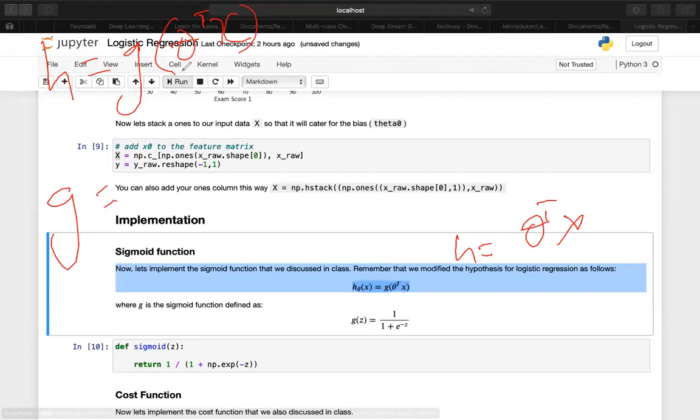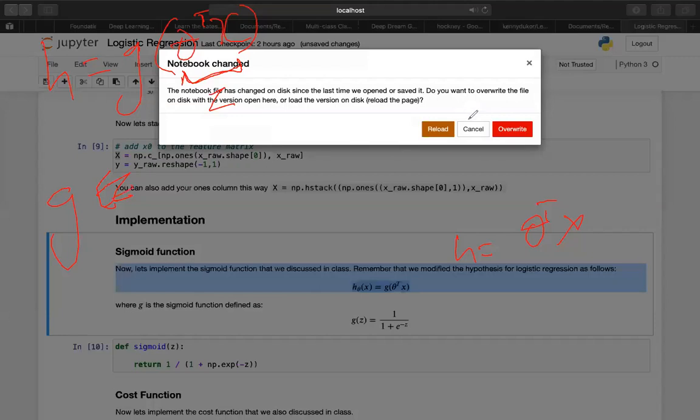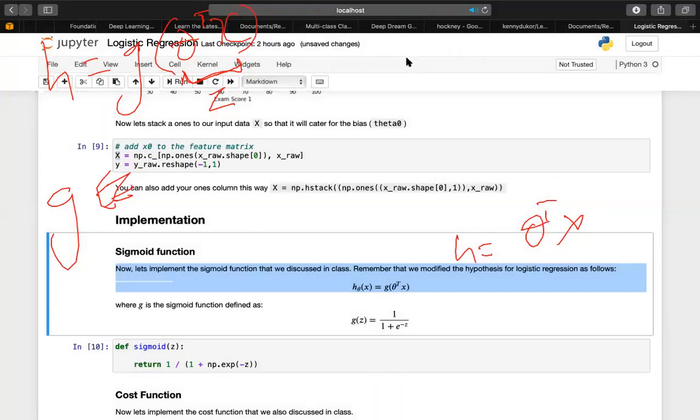So take this term here as z, where your g of z is equal to 1 over 1 plus e raised to the power minus z.